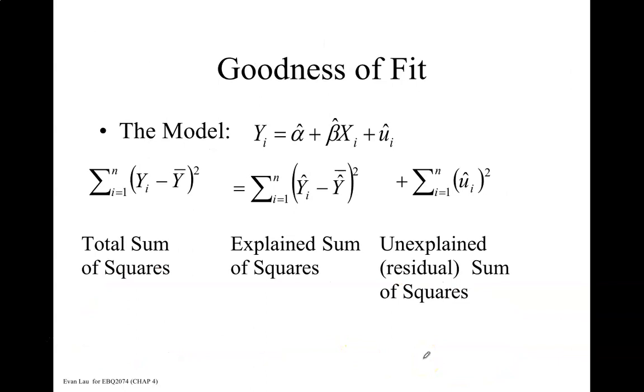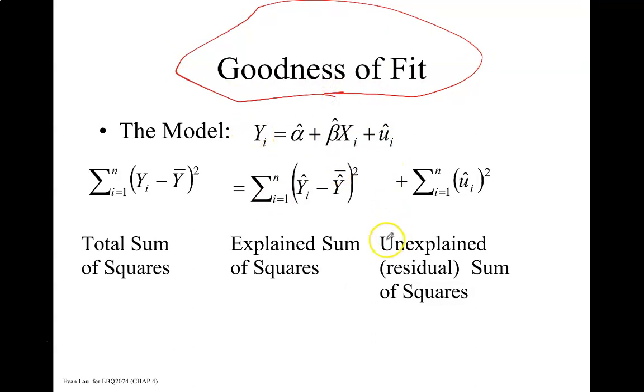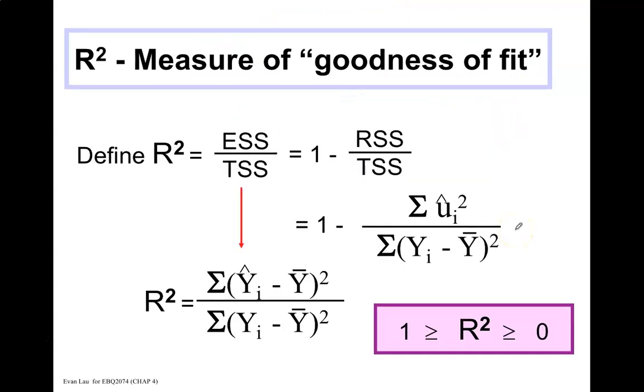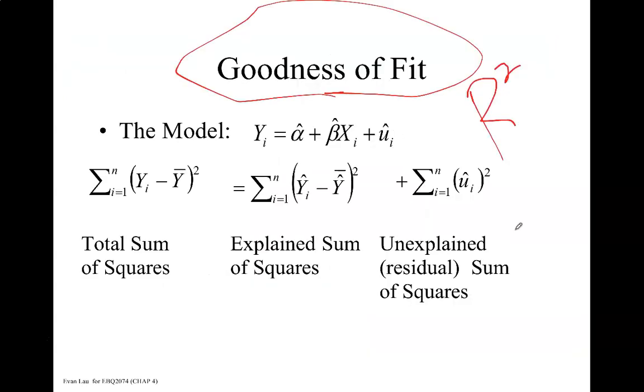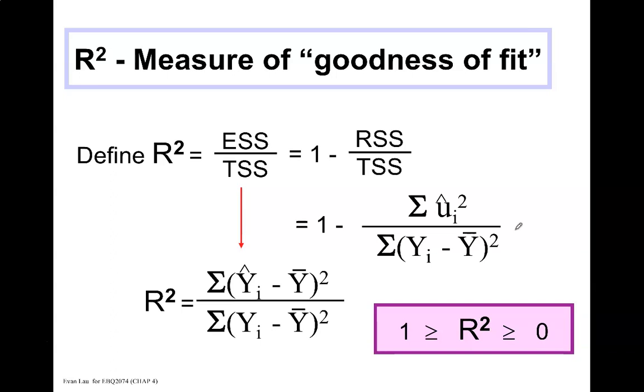We move forward to another important part, which is goodness of fit. Goodness of fit is very much related to R squared. R squared is the measurement of goodness of fit, to know whether the model is good enough and fit, like how we say we are healthy and fit.